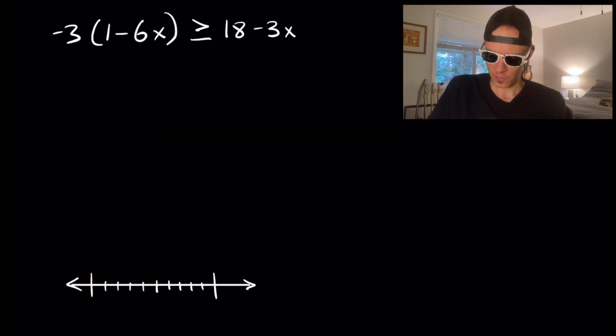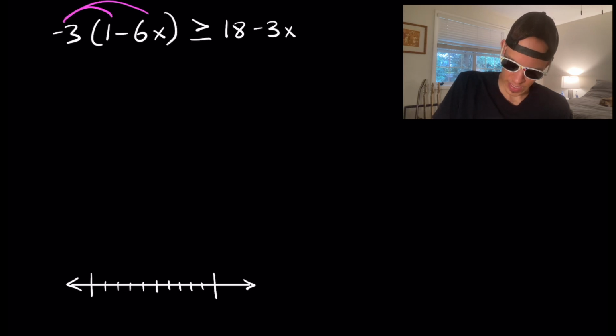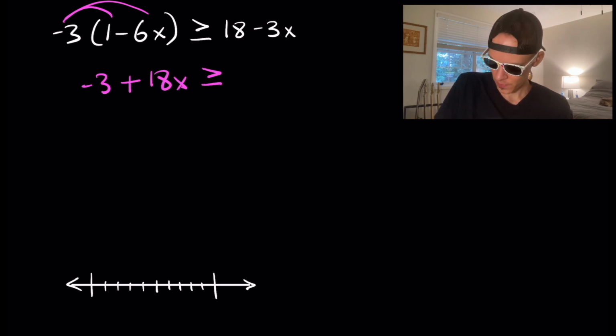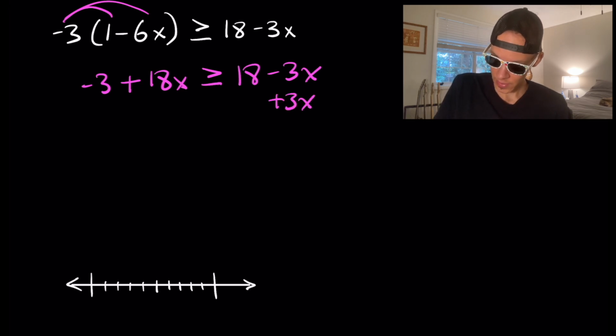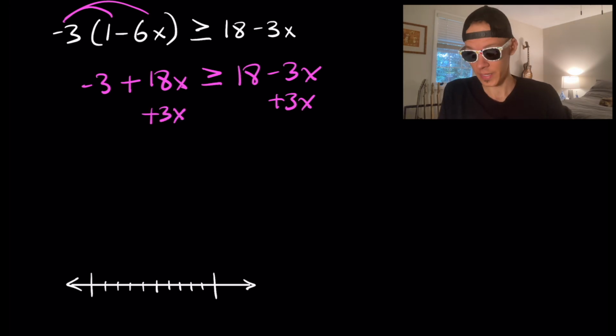All right, more distributive property here. So I'm going to distribute this negative 3 in there, into that parentheses. I'll get negative 3 plus 18x is greater than 18 minus 3x. Okay, so what I'll do now is I'll add 3x to both sides, because I want to get my variable terms to the left side.